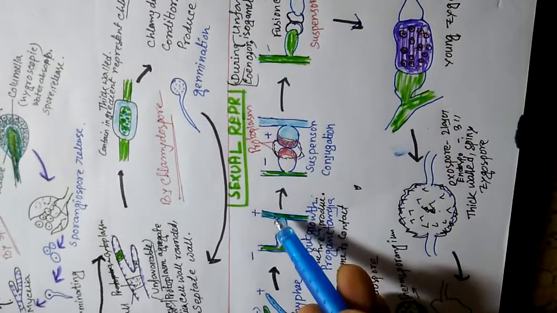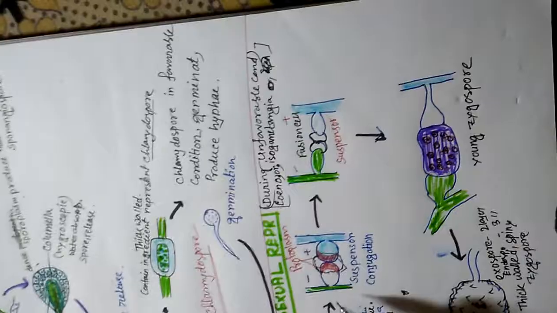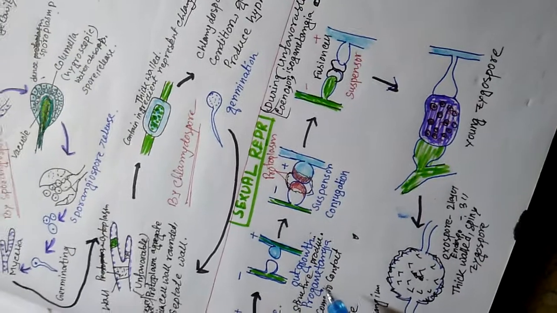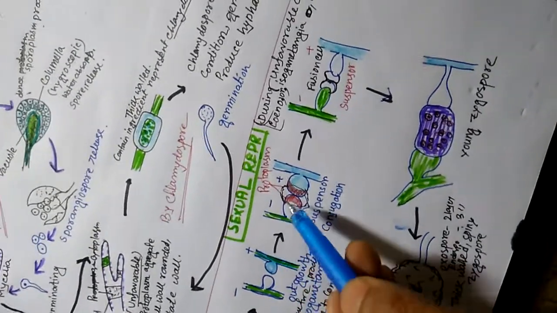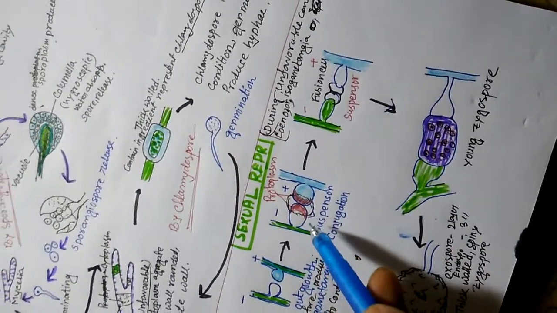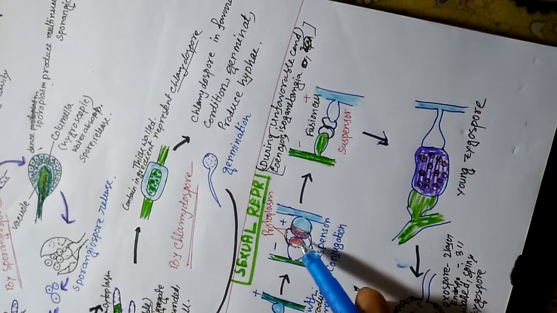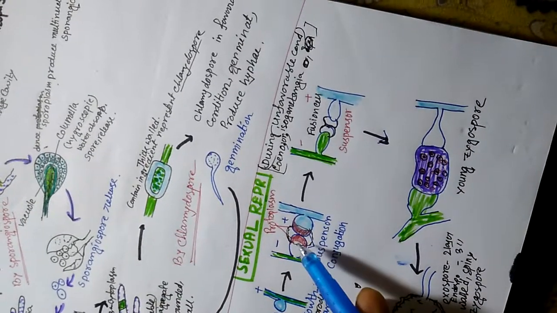This is the minus and this is the plus hypha. Now these progametangia come into contact and a swelling-like structure is formed. The protoplasm of the minus and plus hyphae conjugates.